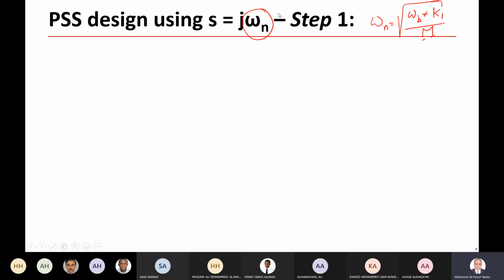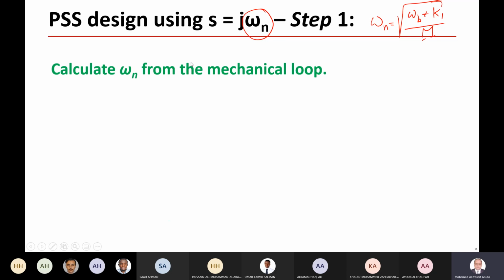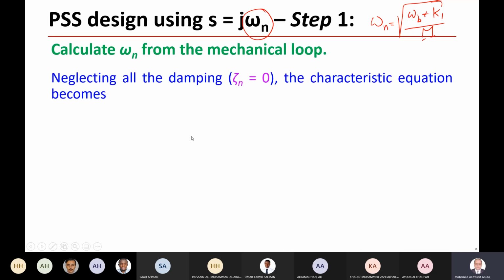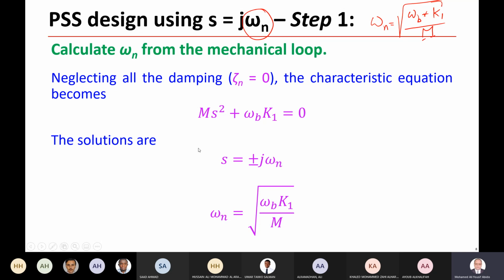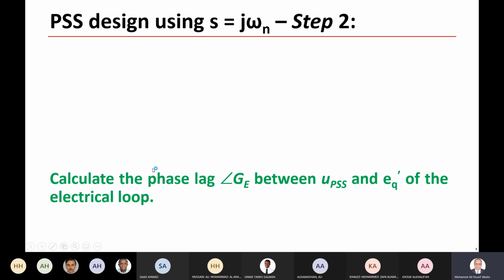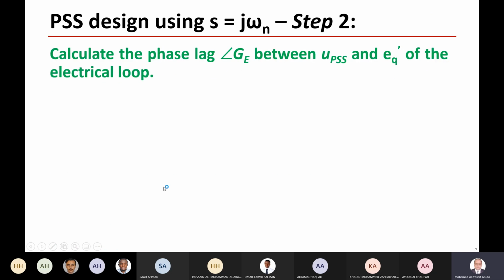We need to have the phase lead at this frequency of oscillation. So we calculated omega n at the beginning. If you have the linearization constant, then you can get the natural frequency of oscillation.